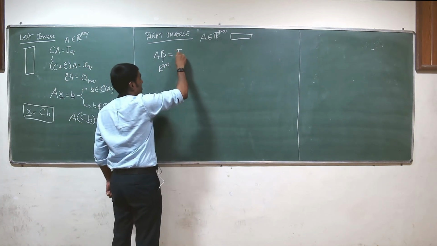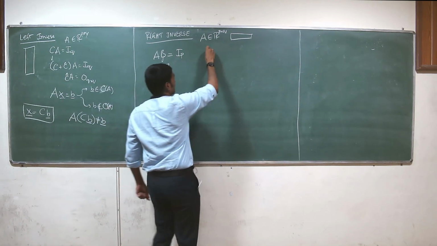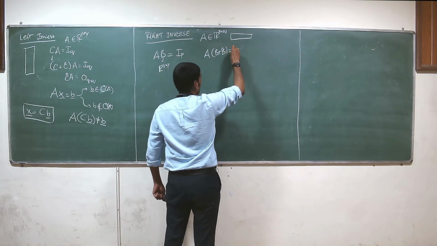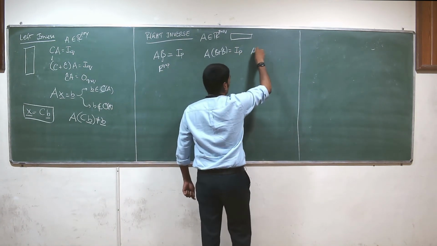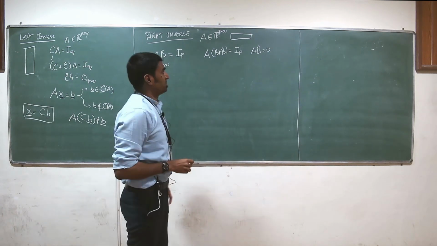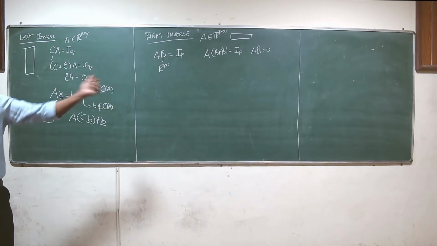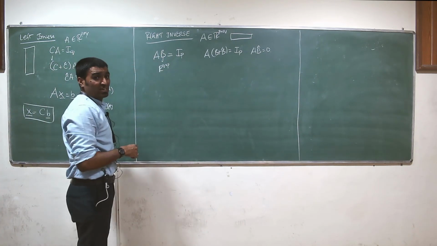IP, yes. Again, there are infinitely many, where A times B cap is simply 0, P cross P. Exactly the same set of arguments as before, except now the inverse is on the right side.